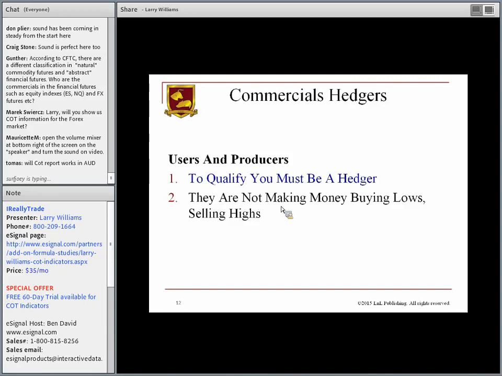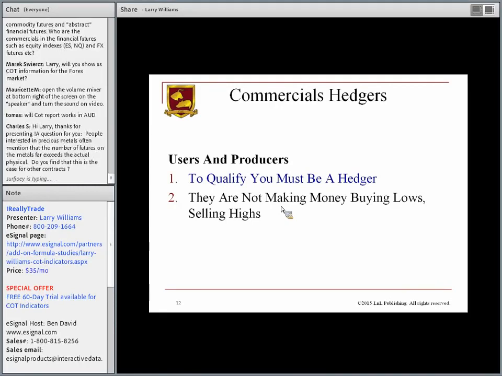If they think that the price of corn is going to go up, they're going to buy a lot of corn. If they think it's going to go down, they're not going to be a buyer of corn. So you don't think of these people as speculators. The speculators are the small guys in the marketplace, by and large, you people, and to an extent, the large funds. And I would say categorically that the COT report works really well in all of the currency markets.